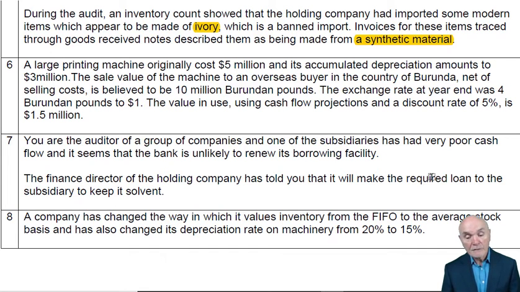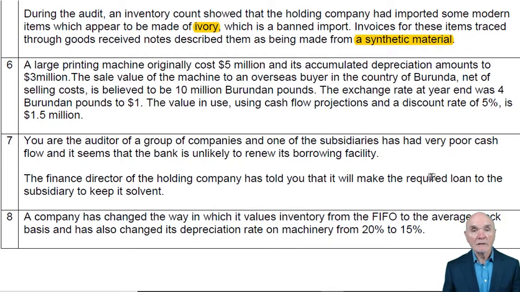Secondly, are they allowed to change their accounting policy? And yes, they are. But there are rules and regulations stipulating that you're only allowed to make the change if you think the new policy is better. You have to evaluate the amount of the change and so on. And the other element here is if you're changing an accounting policy, it is what's known as a retrospective change.